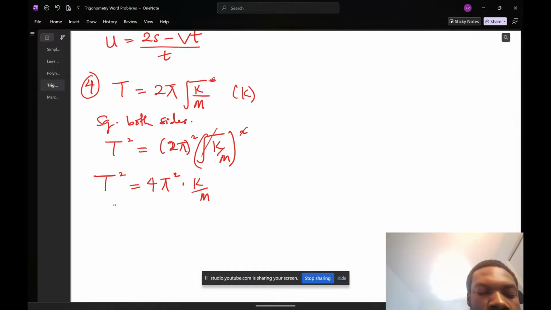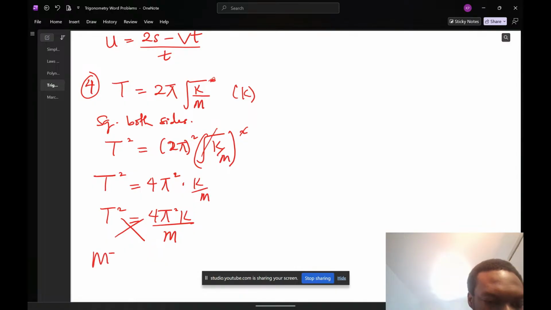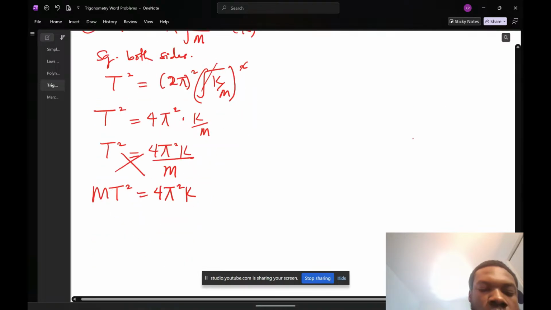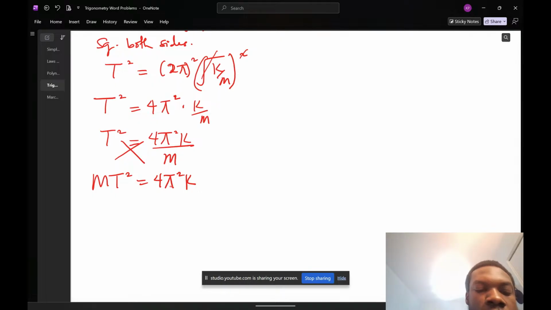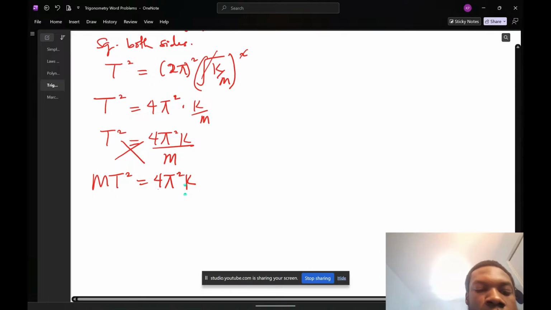Okay. So we have T squared is equal to 4 pi squared k over m, and then we can cross multiply. We have m T squared is equal to 4 pi squared k. So we're making k the subject of the formula.